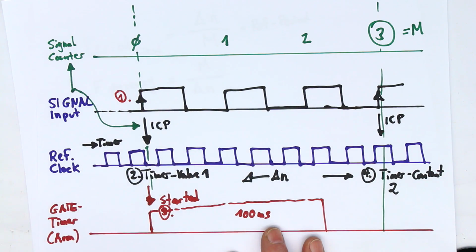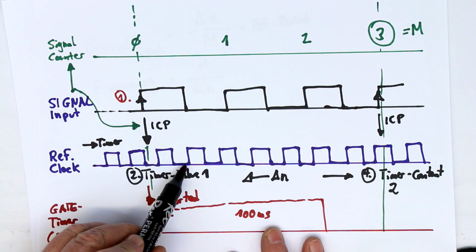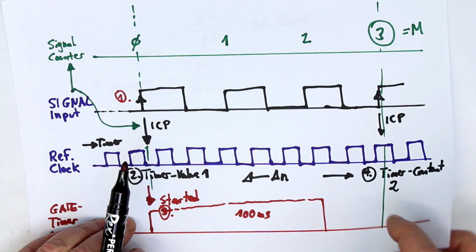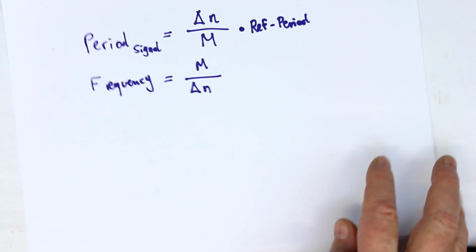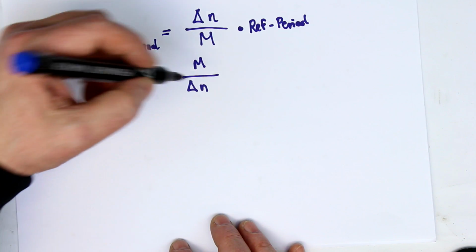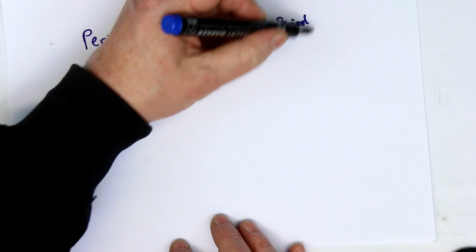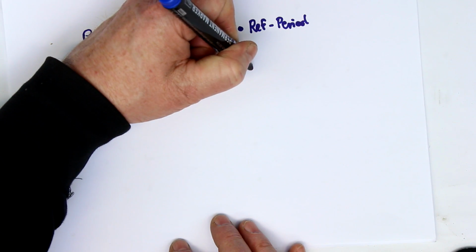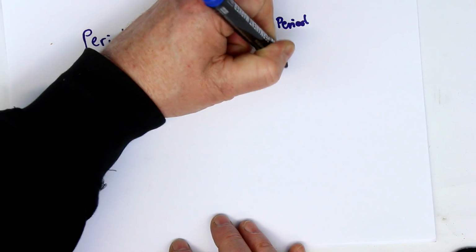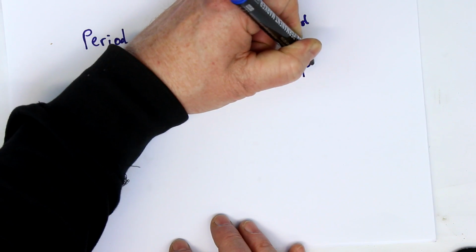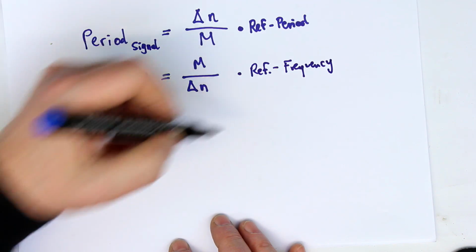But to get the period, we have to multiply this with the period of your reference clock. And if we take the reciprocal of that, the reciprocal of the reference period is simply the reference frequency, and that is all.